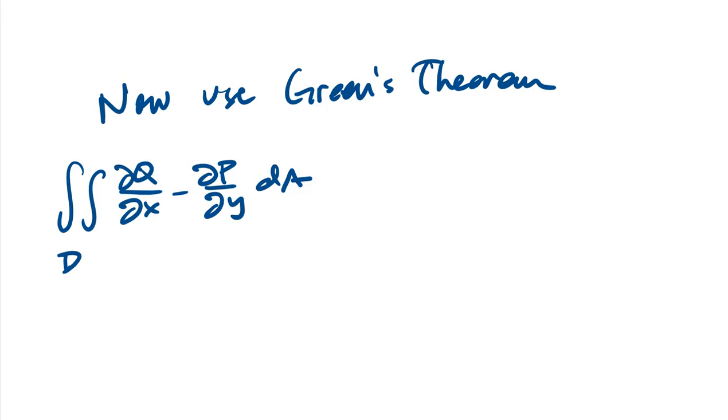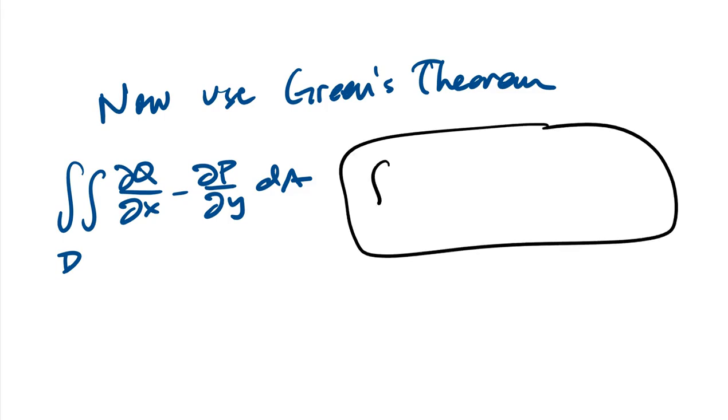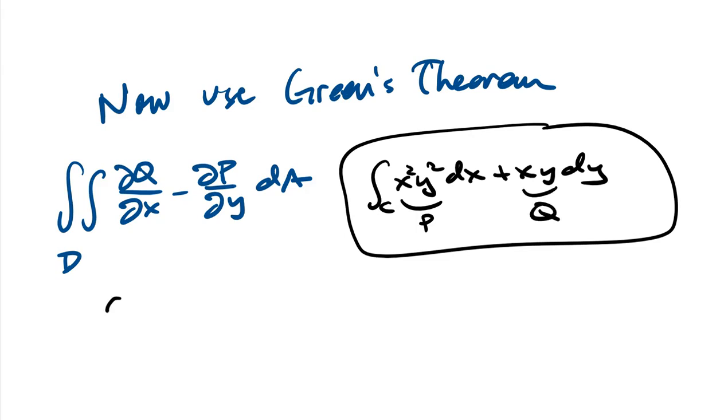The original problem was the integral over C of x squared y squared dx plus xy dy. So this piece here is P, and this piece here is Q. So the partial of Q with respect to x minus the partial of P with respect to y.